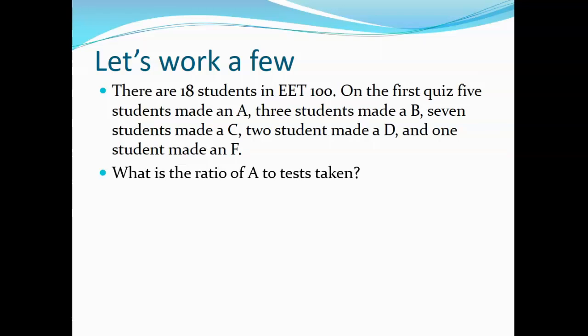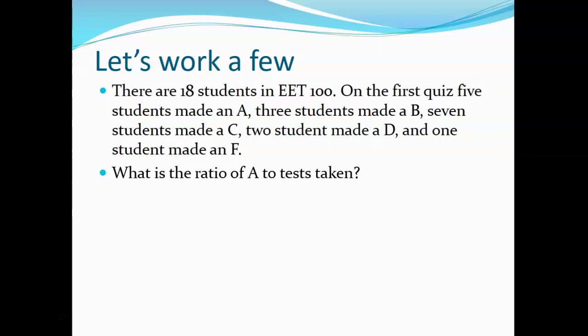All right, so first of all, the question becomes, what is the total number of tests? It's 18. How many people made an A? Double check your number here, guys. Let's take a look at this. Very wordy problem, right?